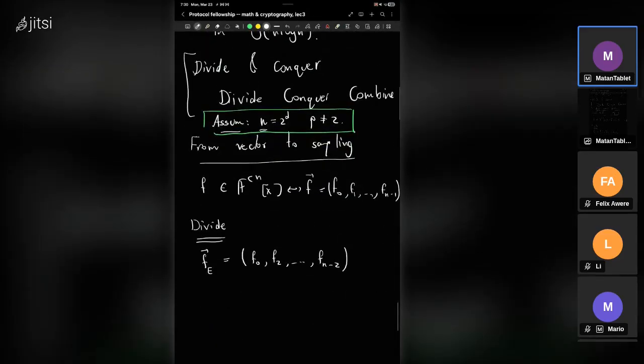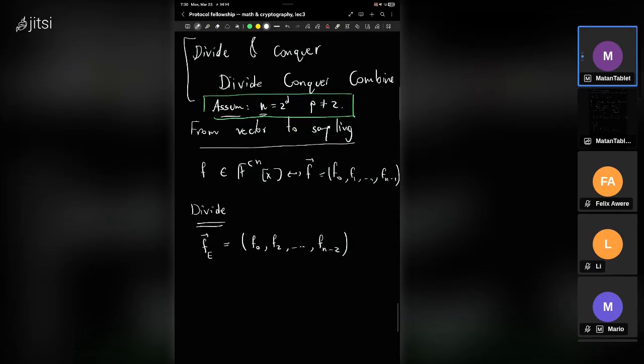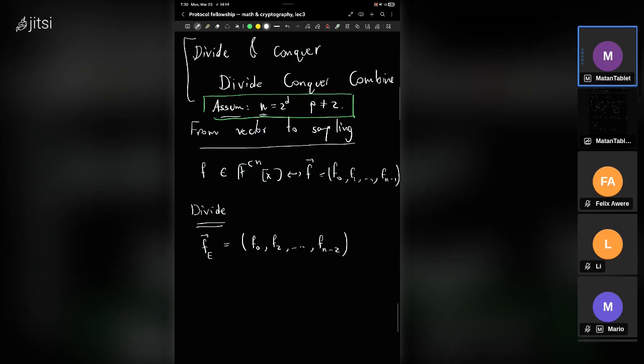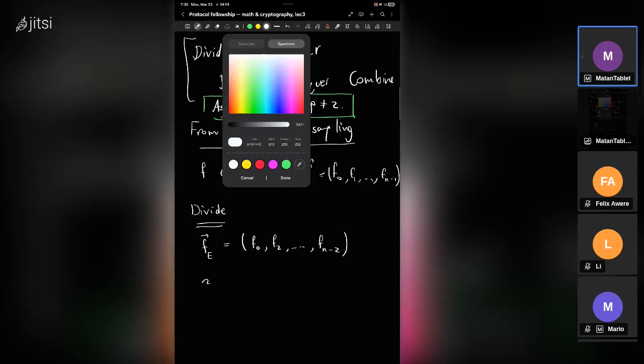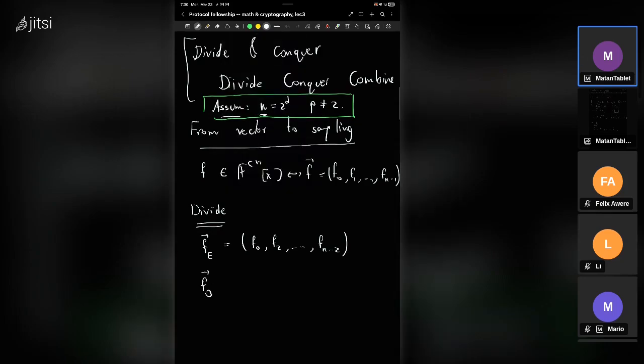So at the divide stage, I divide the vector f into the even guys and the odd guys. So this is f1, f3, up to fn minus 1. Right? N minus 1 is odd because n is even.